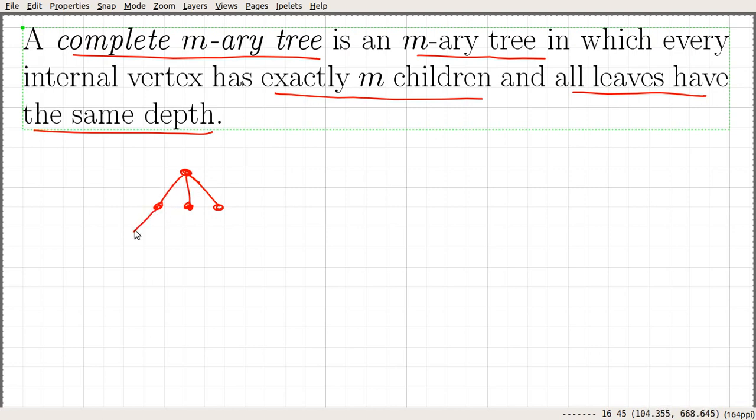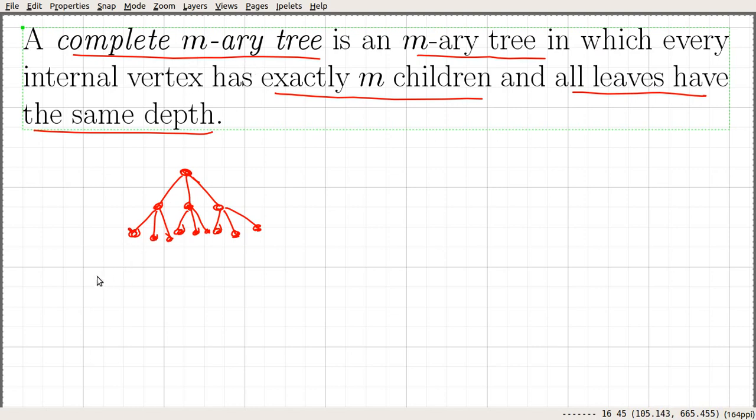So suppose that we have some more children here, then every vertex at that particular level must have 3. So here we can see that this particular tree satisfies this condition.